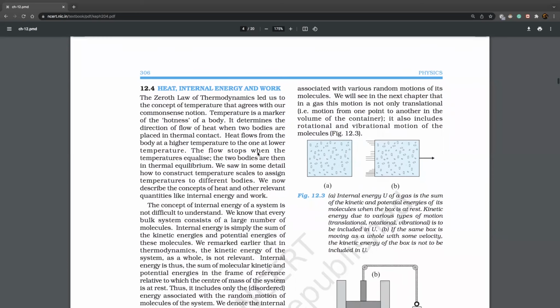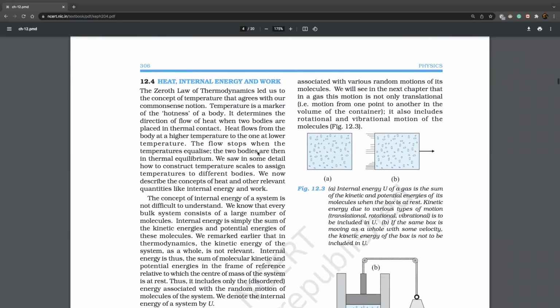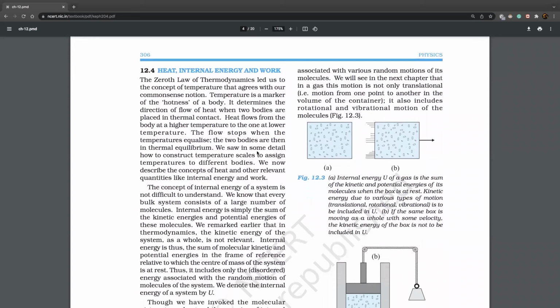So the concept of internal energy of a system is not difficult to understand. We know that every bulk system consists of a large number of molecules. Internal energy is simply the sum of the kinetic energies and potential energies of these molecules. Like I said, the total energy inside a system by virtue of intermolecular interactions, and the potential and kinetic energies, is the internal energy.